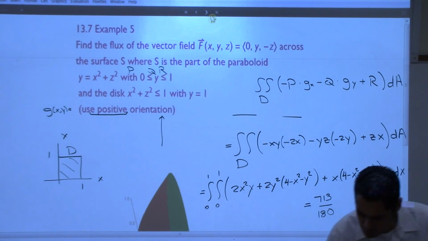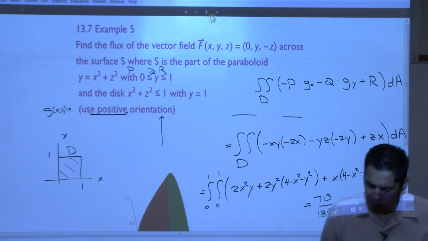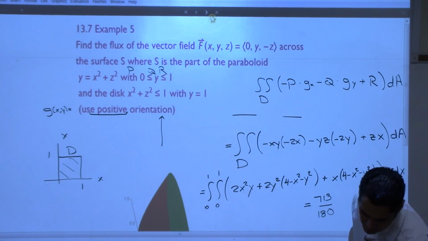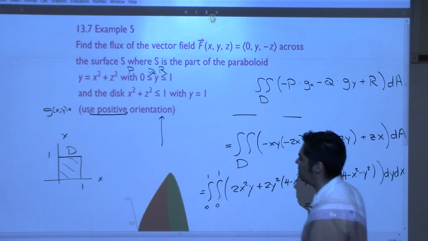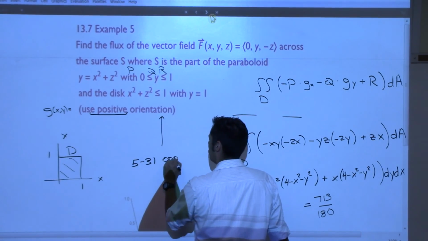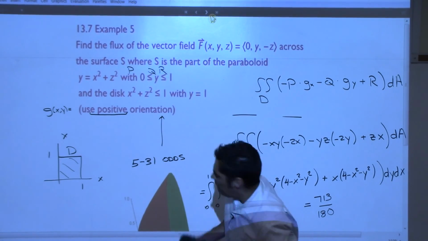Here's what I'd like for you to do for homework. I pretty much have presented all the ideas. I haven't done enough examples yet. I will do these 2 examples when we start class next time. But I'm asking for homework that you look at problems 5 through 31, odds, off of page 817.